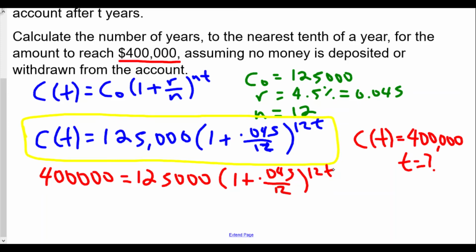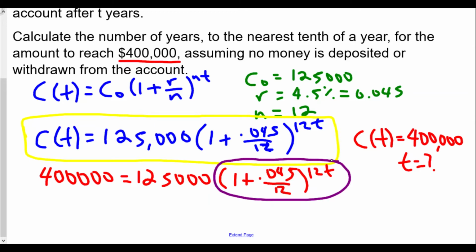Now, there's a strong temptation at this point to multiply the 125,000 with the 1 plus 0.045 over 12. And you can't do that, because order of operations says before we multiply, we must do exponents first. Not only that, you want to isolate this whole expression because the variable is going to be an exponent.